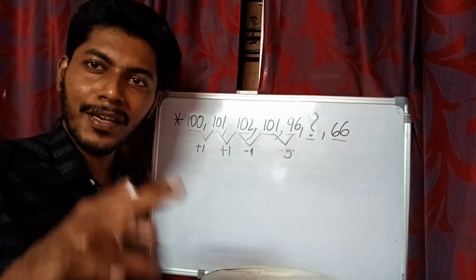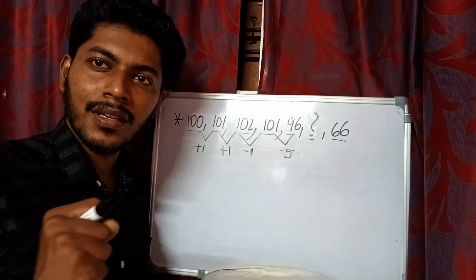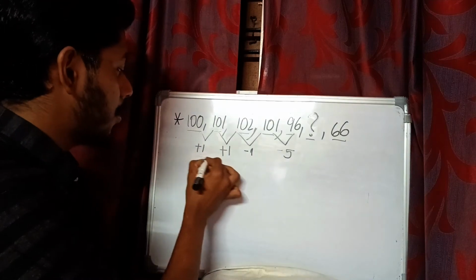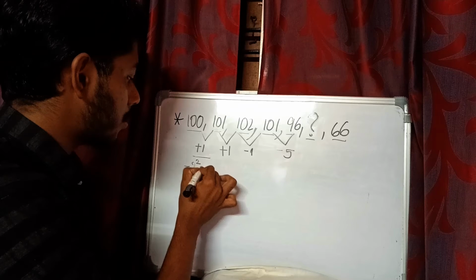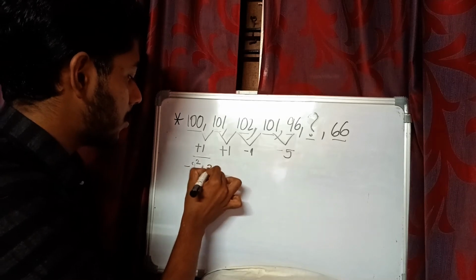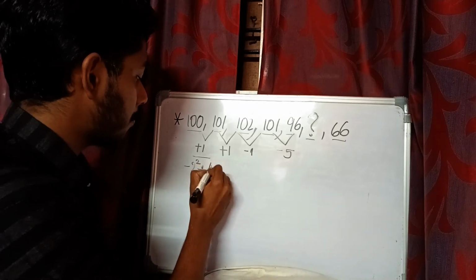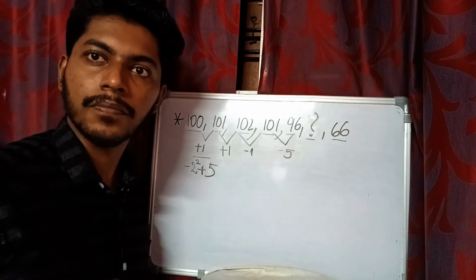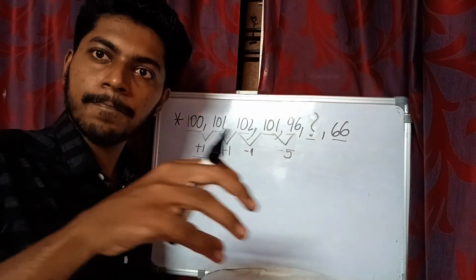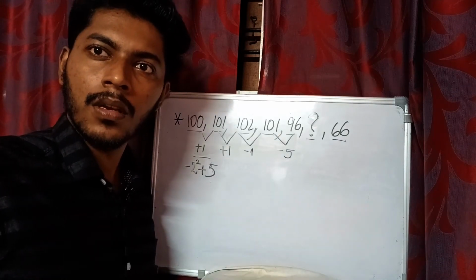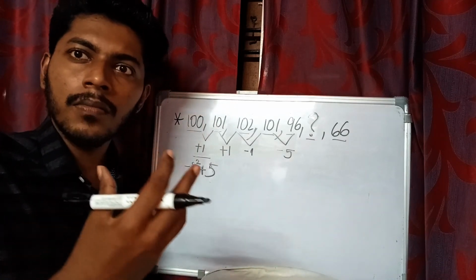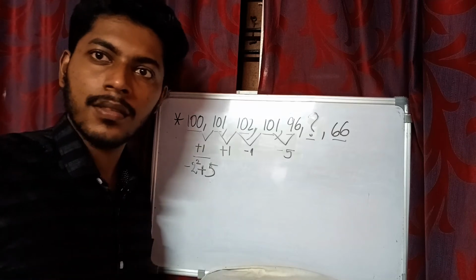So here what to do is that plus 1 can be written as minus 2 square plus 5, and minus 4 plus 5 is 1. Okay, so someone may ask, how do you get it?